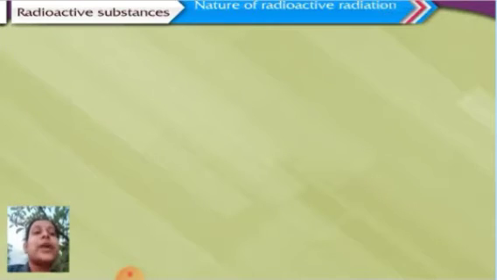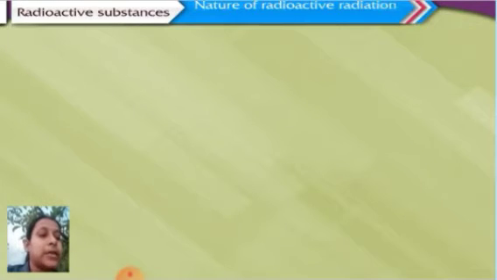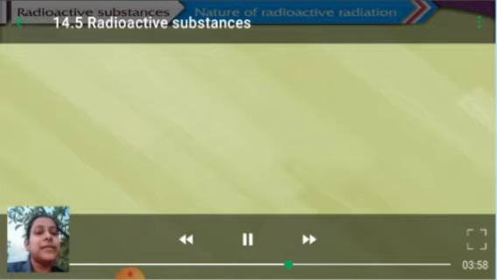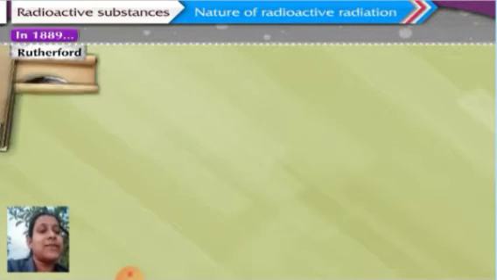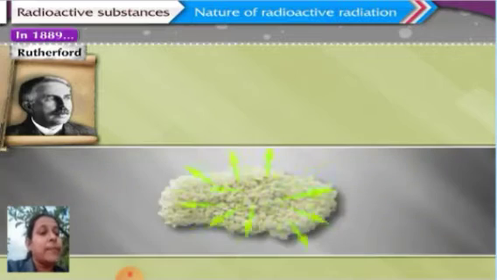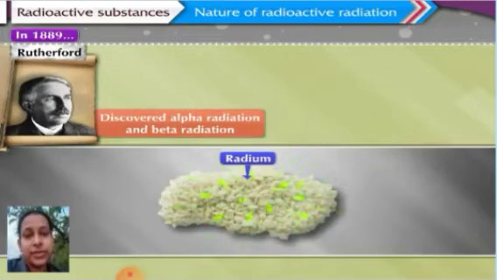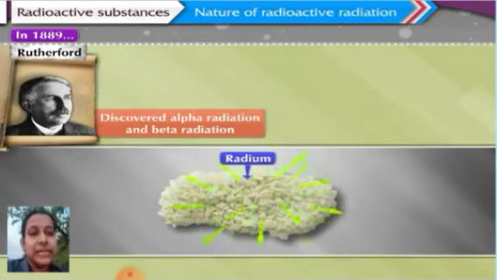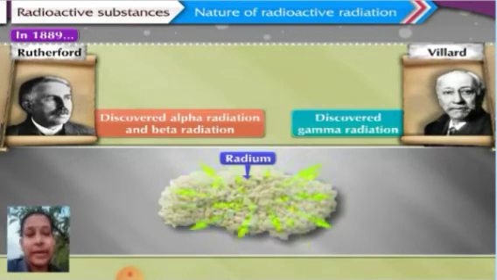Now let us learn about the nature of radioactive radiations. In the year 1839, Ernest Rutherford discovered that the radiations emitted by radium were of two types, and he called them alpha and beta radiations, whereas Willard discovered the third type of radiation, called gamma radiations.